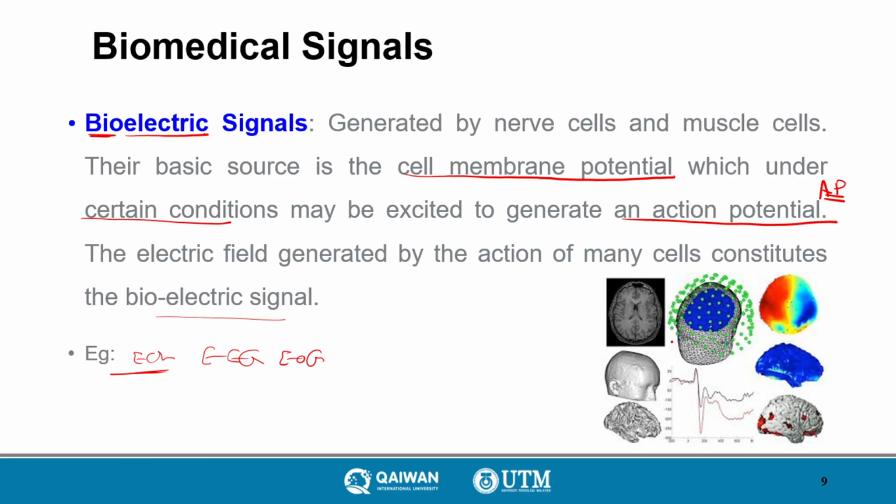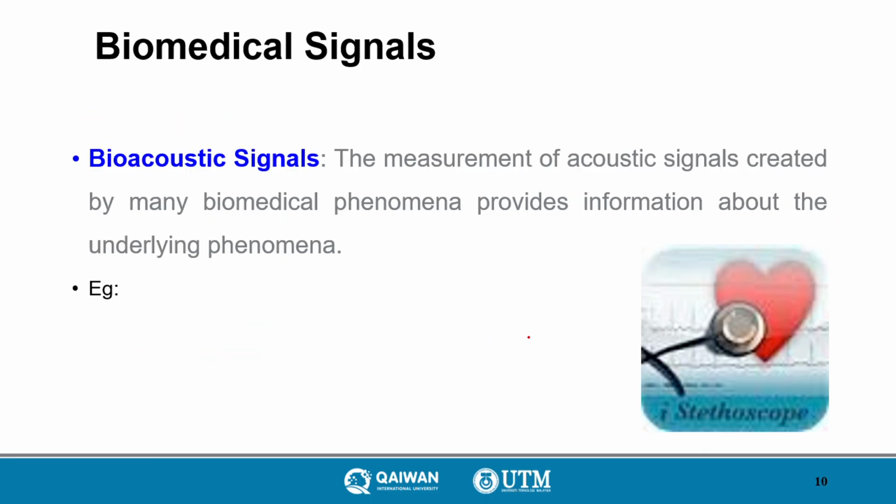As we can see here in the image, this is the EEG recording, a set of electrodes placed on the scalp, and the signal is recorded in this manner. While this is the image of a CT scan, a three-dimensional presentation using MRI, and this is the function of MRI, etc.